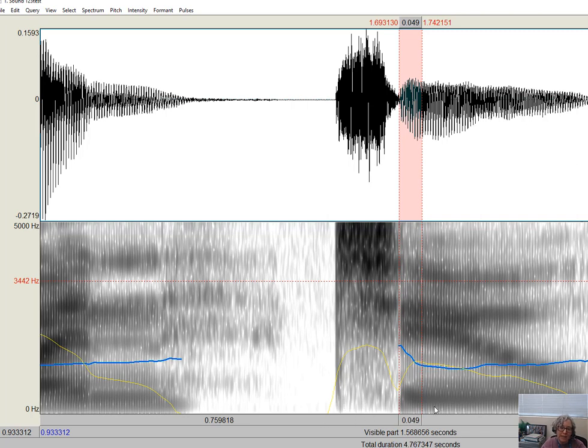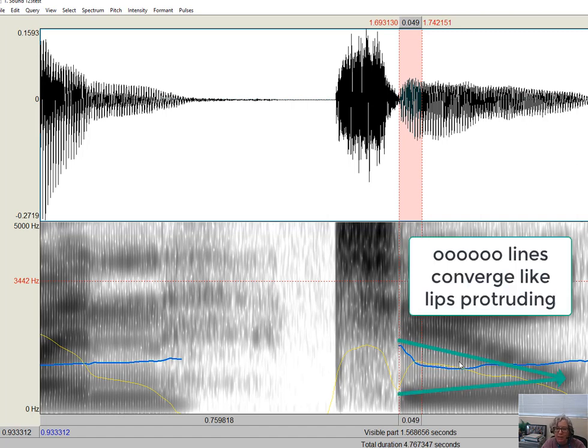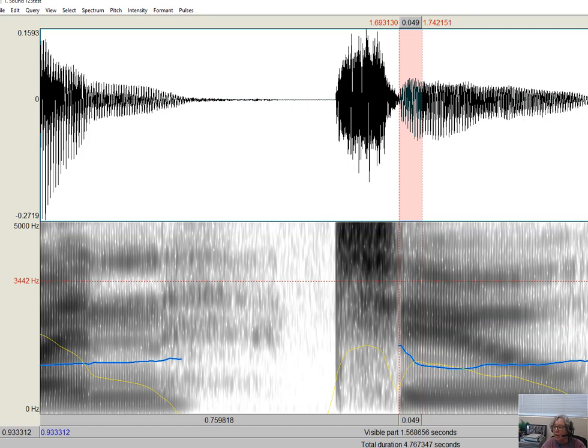As I say ooh, look what my formants are doing. For the ooh, my lips are coming out, and the formants are actually kind of echoing that visually. So you can see that, which I think is interesting. And I've asked you to look at what E and ah would look like. But in this case, I'm going to just show you the ooh.